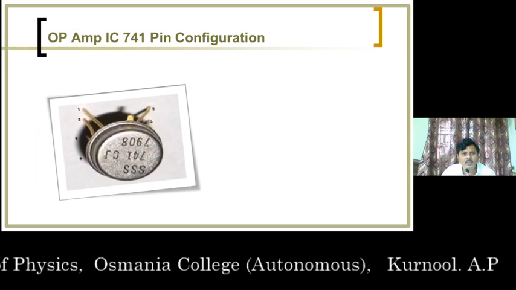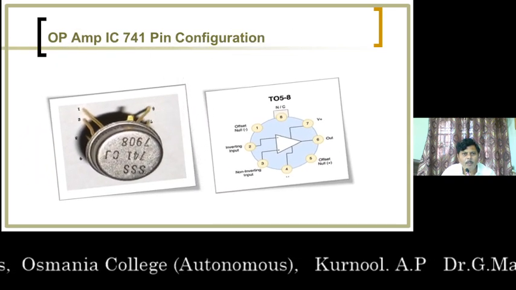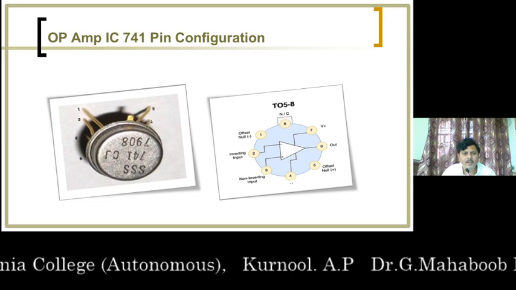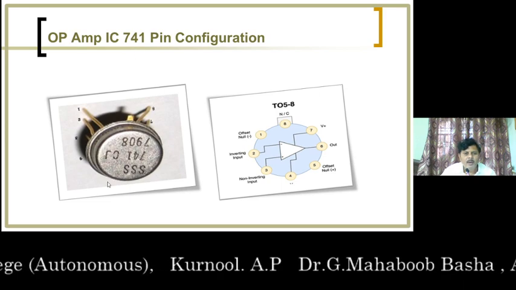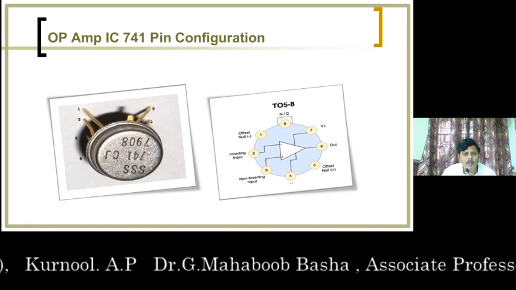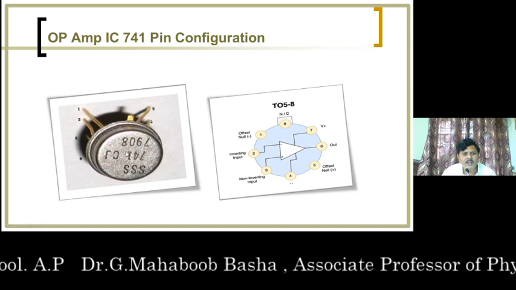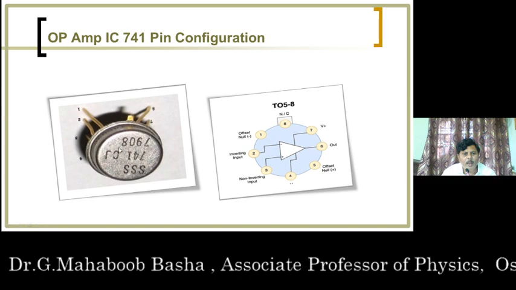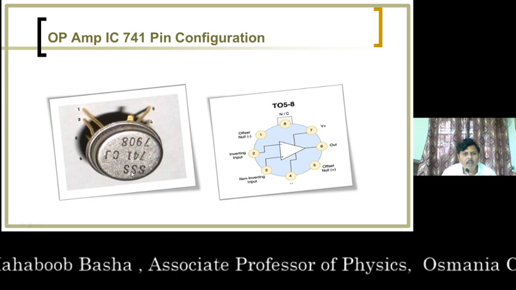Next we will see the op amp pin configuration of the metallic IC741. This IC741 can withstand high temperatures. Generally we use it in laboratories. It also has 8 pins.